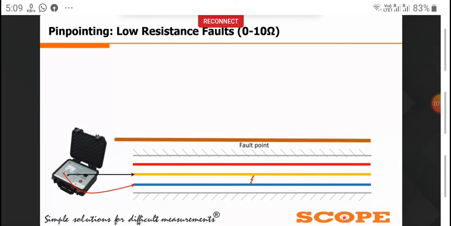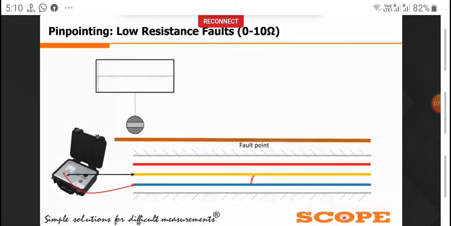Whenever we apply the current from the audio generator, the current will pass to the fault point and get reflected back to the instrument tail, meaning the current will not flow beyond this fault point. By using our root tracer sensor, as I already explained in the earlier slides, we can use this audio generator and root tracer receiver system to pinpoint the low resistance fault.